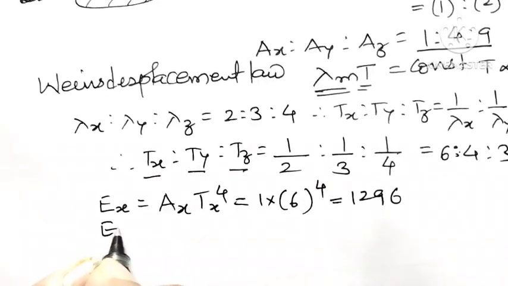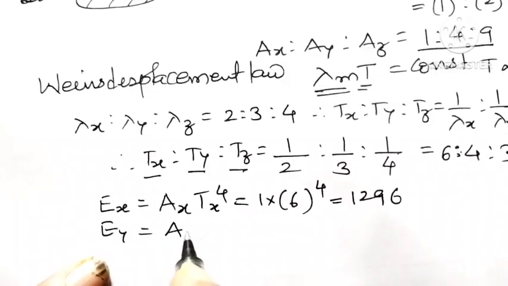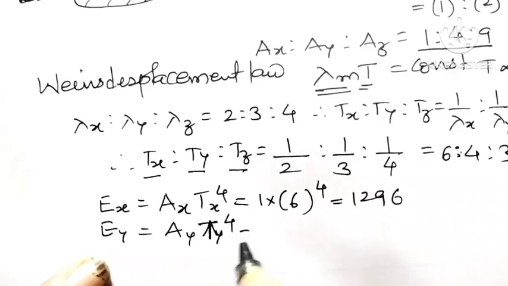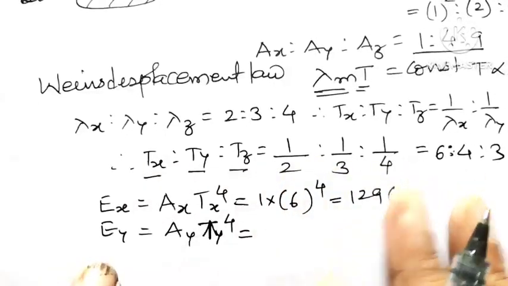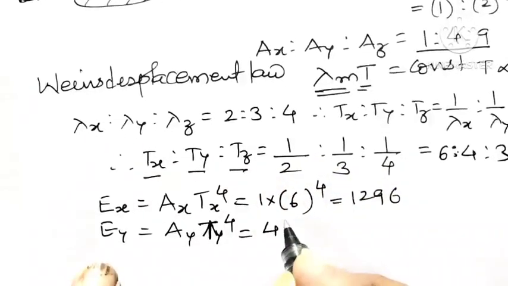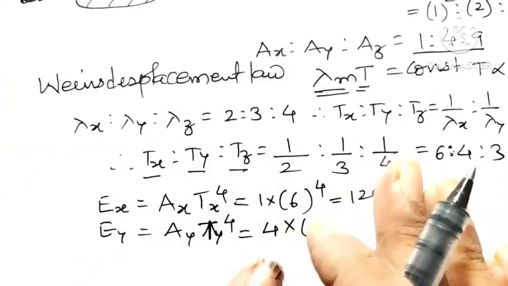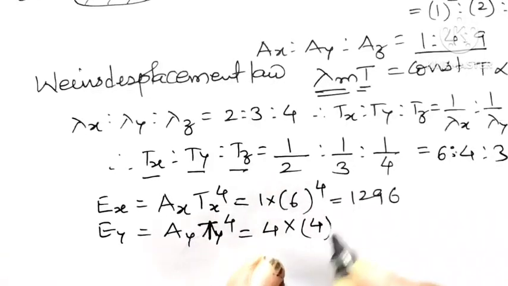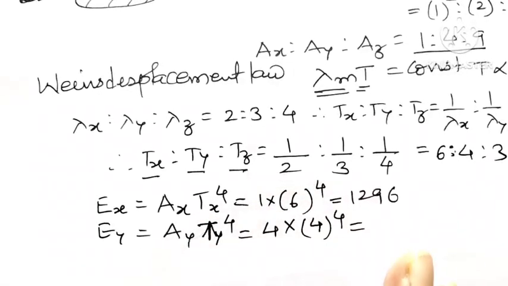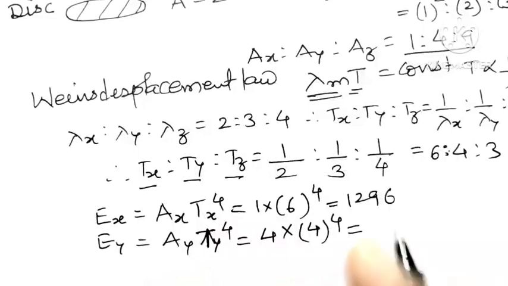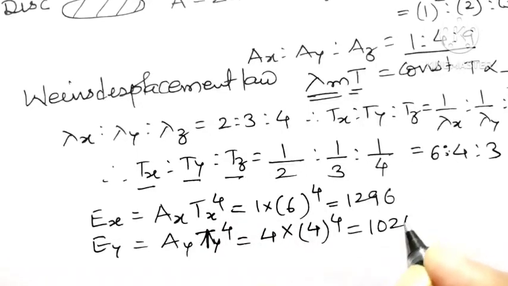Similarly, emissive power of Y, Ey is equal to Ay into Ty raised to 4, that is 4 into 4 raised to 4. 4 times 4 into 4 into 4 is 256, so 4 into 256 is 1024.